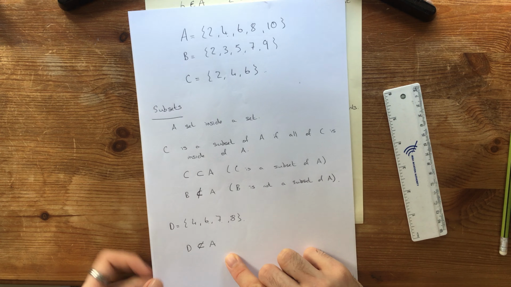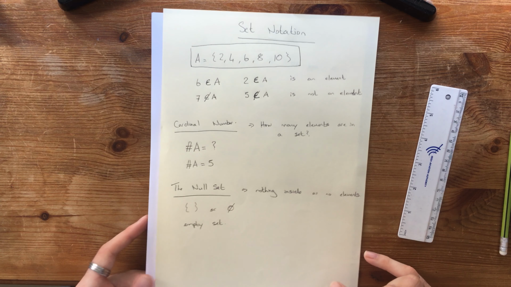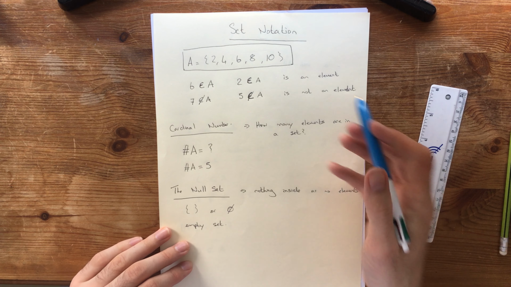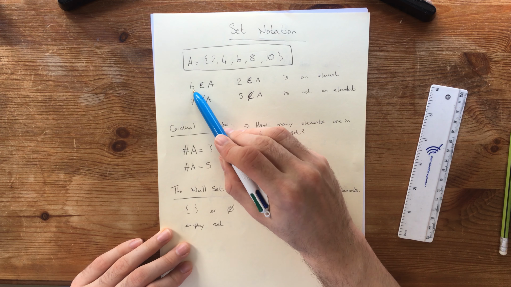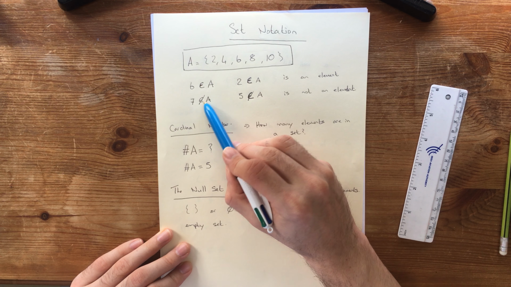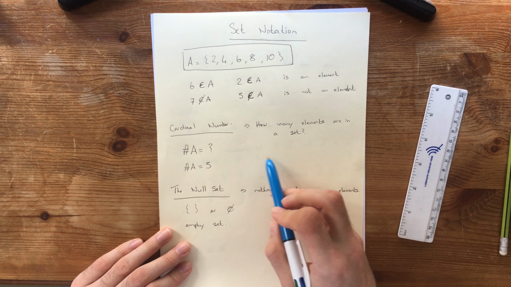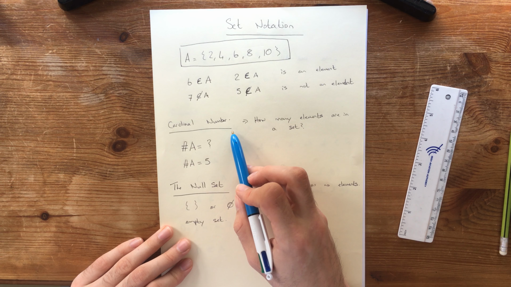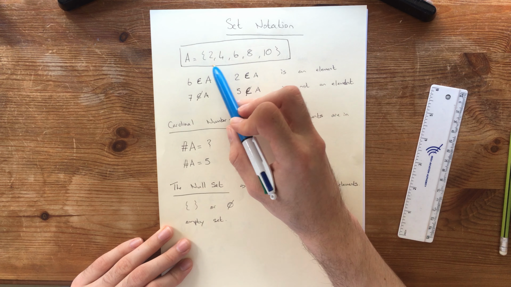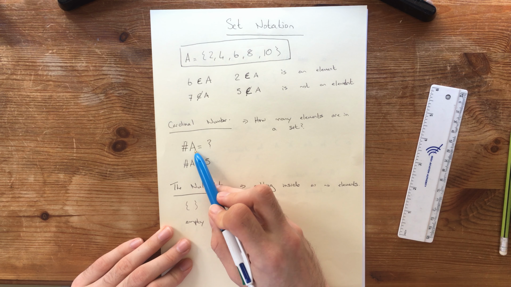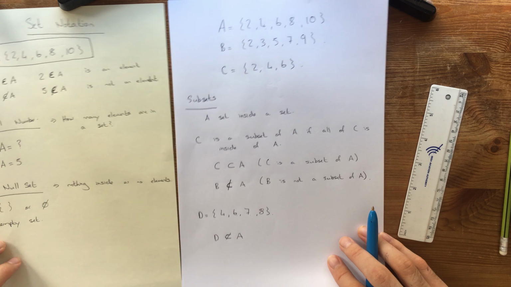So let's just go back and have a little recap before we finish off. To say something is an element of something, you do this little E thing, and 6 is an element of A, but 7 is not an element of A. So they're just the little E with a line through it or without. The cardinal number of A is just how many elements are inside that. So that's hashtag A. And we can do that really quickly with one of these.